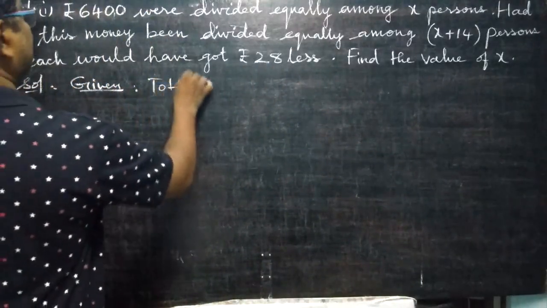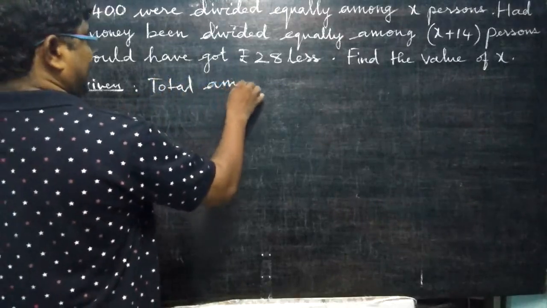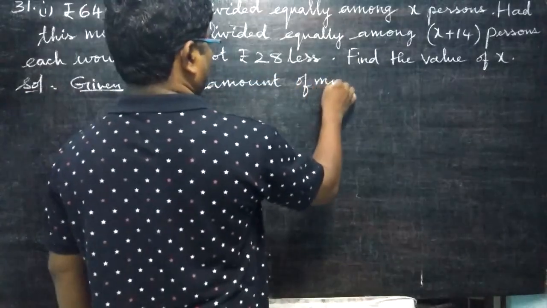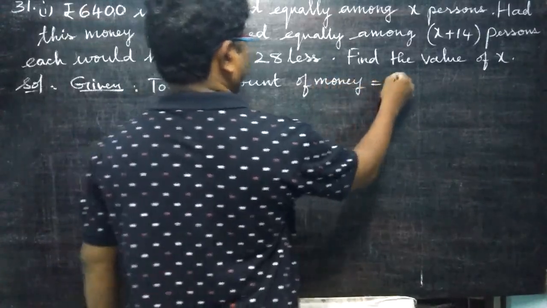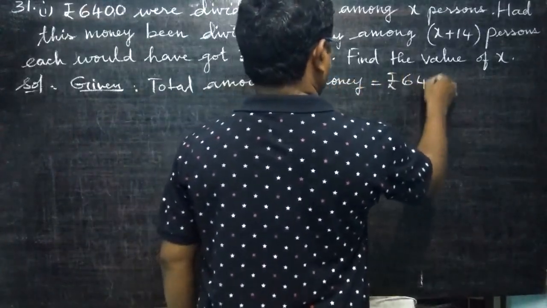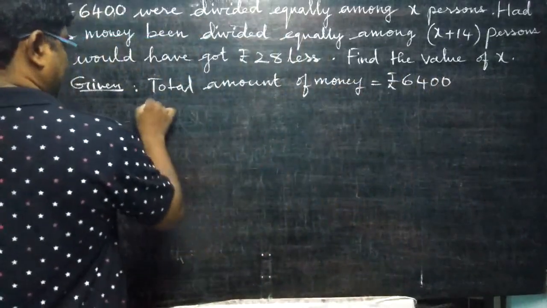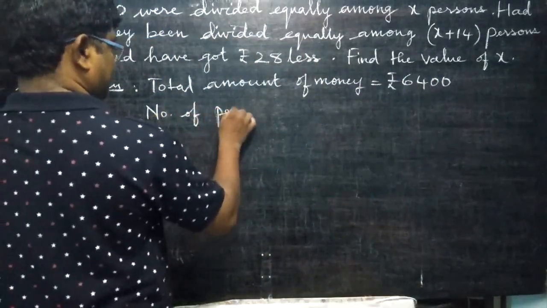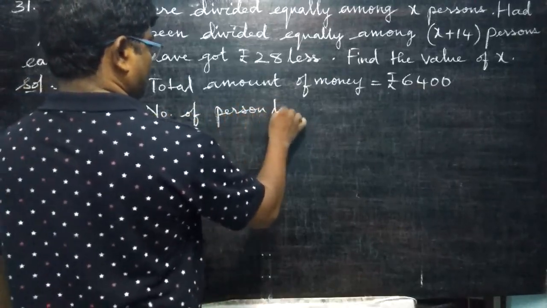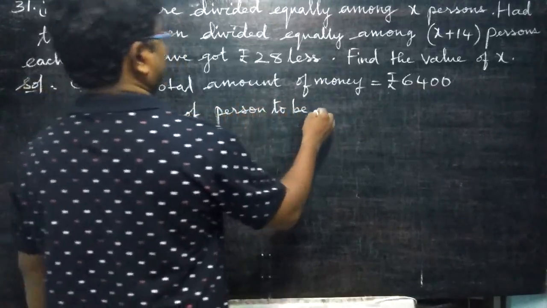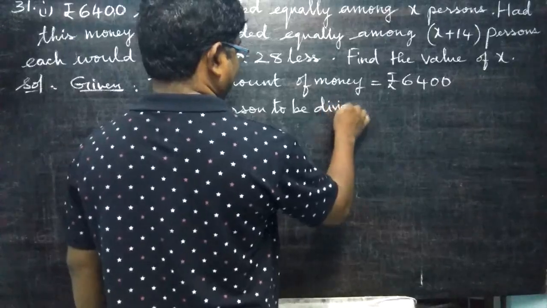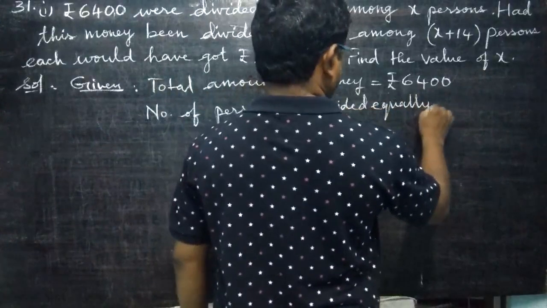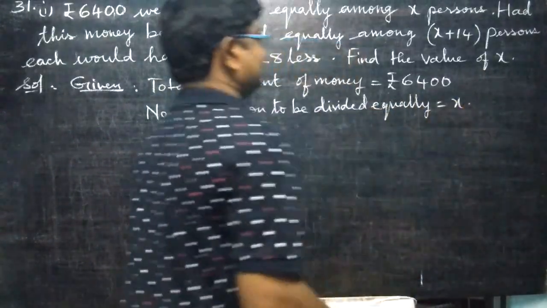Total amount of money is equal to rupees 6,400. Number of persons to be divided equally is equal to x.